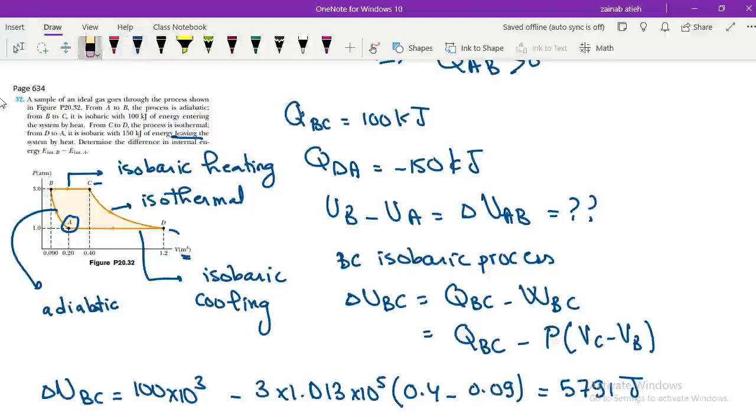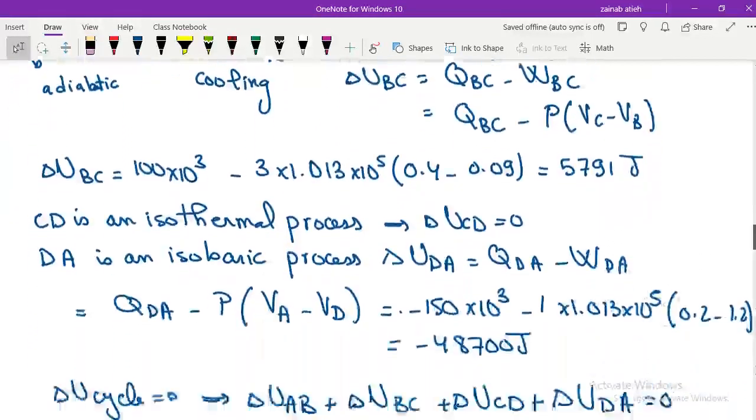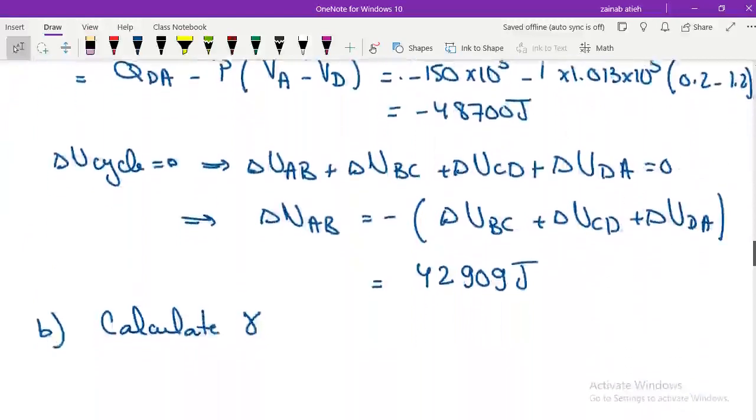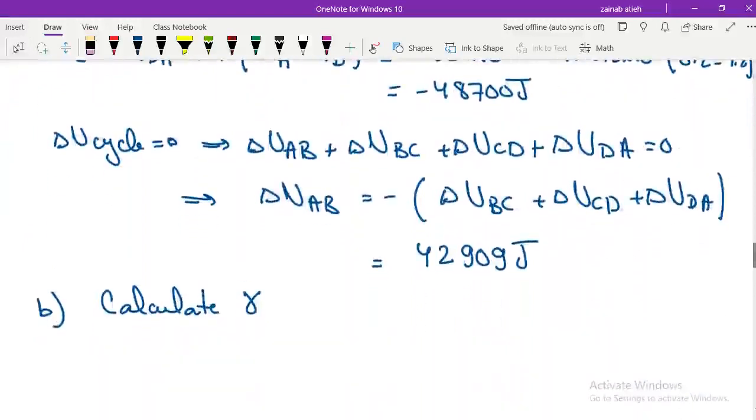Here I will not do that, I will use the easier method. I will say that A and B are 2 points of an adiabatic process. So for sure PV gamma is equal to PV gamma. PV gamma for A is equal to PV gamma for B. Let me do that.